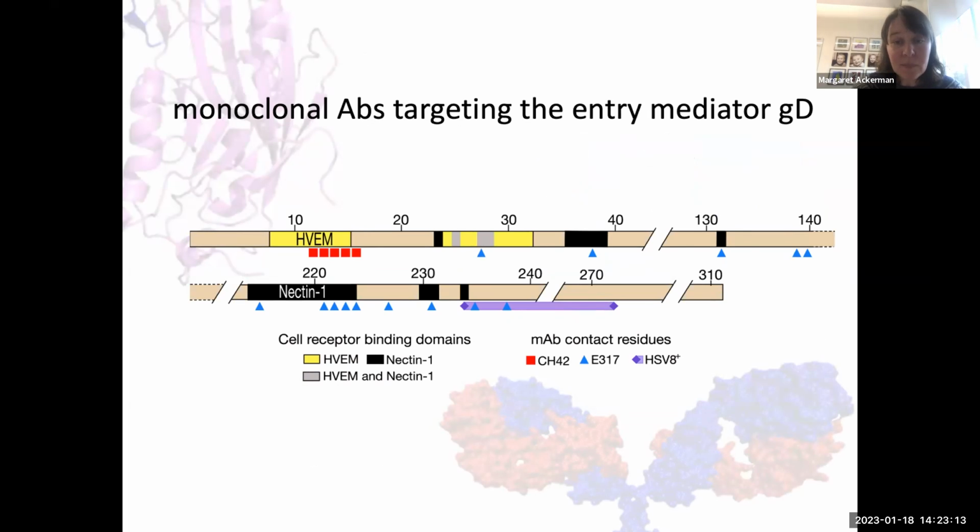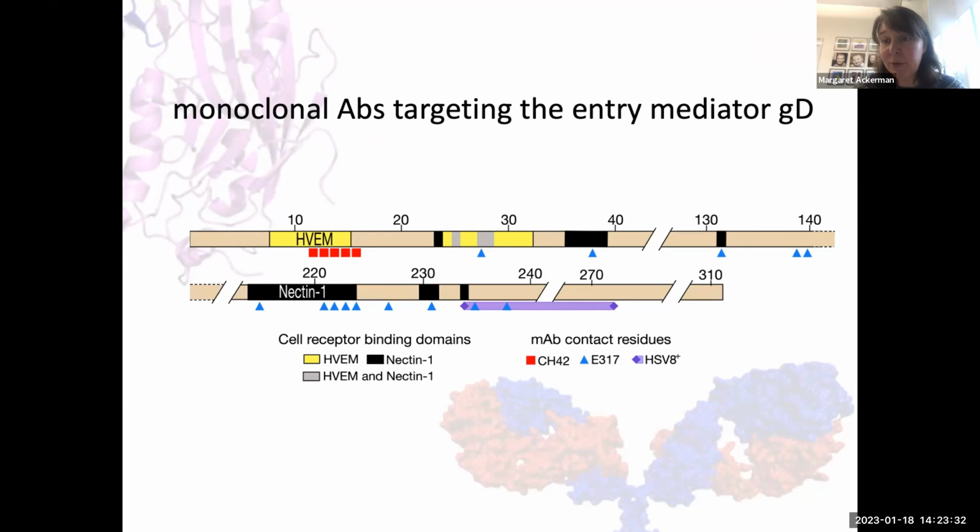And so in collaboration with the Lieb lab here at Dartmouth, we started to investigate the ability of monoclonal antibodies that target the viral entry mediator, glycoprotein D, to protect neonates in a mouse model from HSV infection.